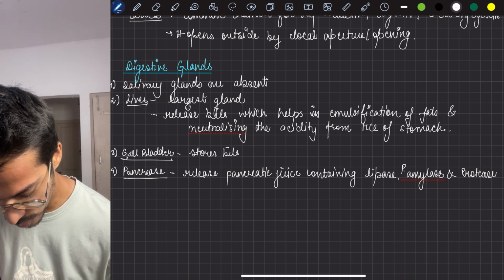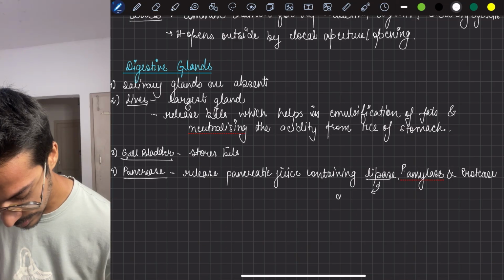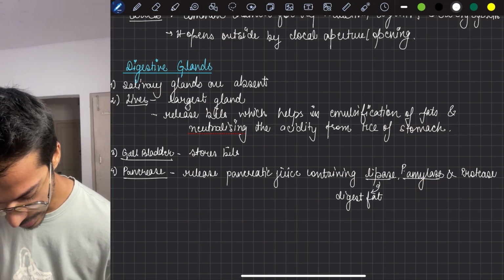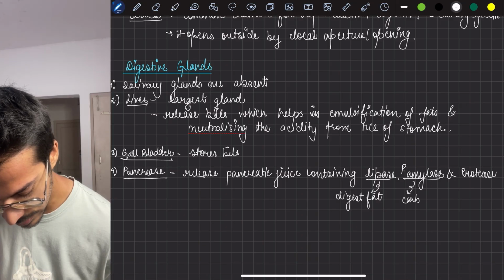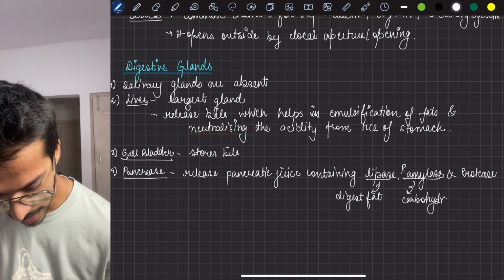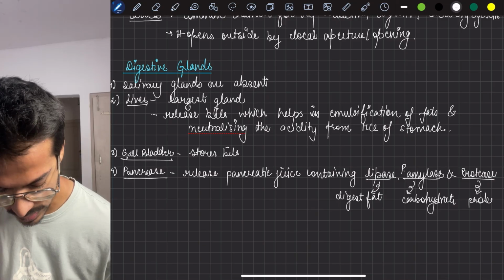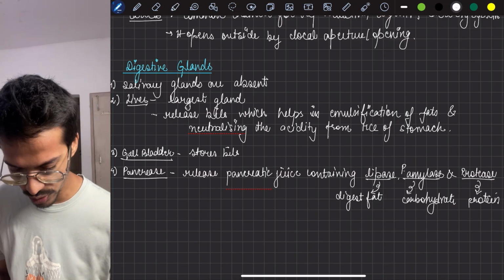Lipase will digest fat, amylase will digest carbohydrates, and protease will digest protein. So these are the enzyme names and their functions.